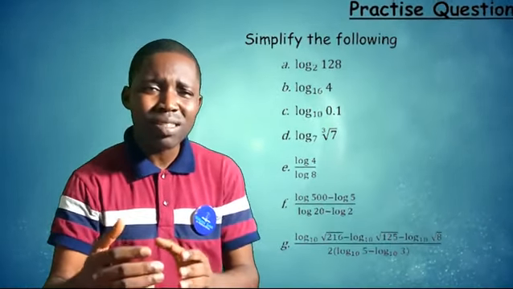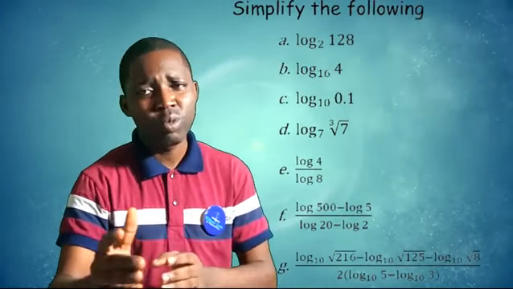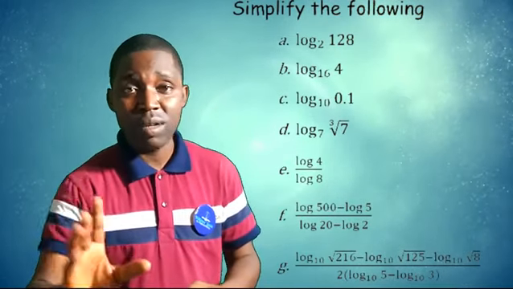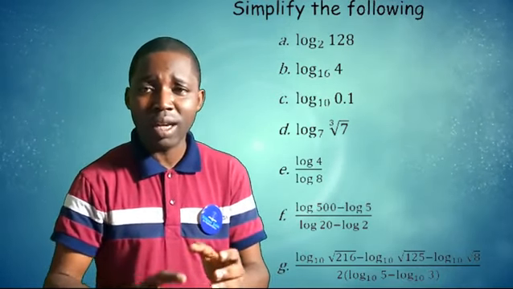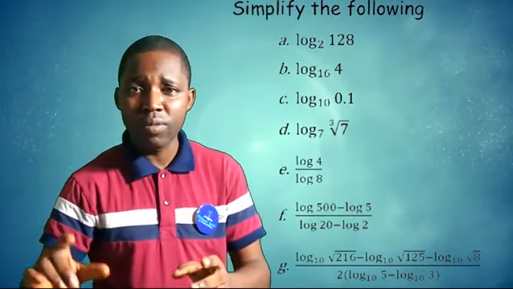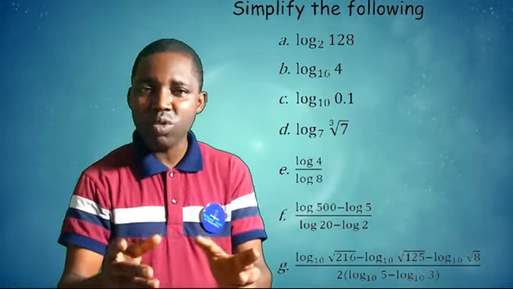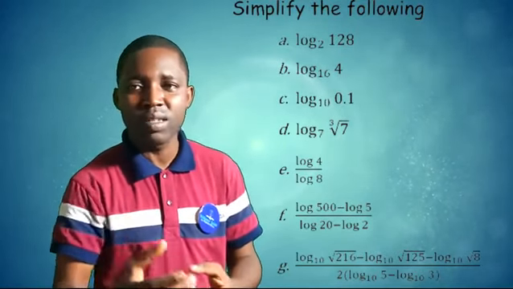I would like you to practice these questions, apply those laws correctly, and you will get it very easy. This is a very simple topic. All you need to do is master those laws. Remember law 1, law 2, law 3, 4, 5, 6, law 8 and law 9. Once you are able to get this, theory of logarithm is a very simple topic.